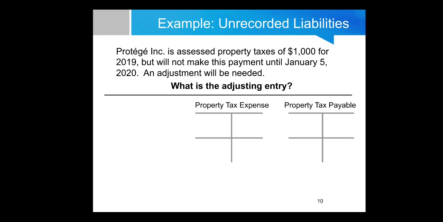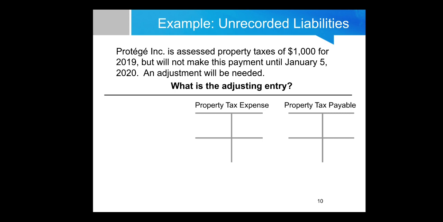The situation is, for the year 2019, the property taxes that the business has to pay is $1,000. But things for taxes are like this. Taxes for this year, you will pay it next year. So that's why this happened.